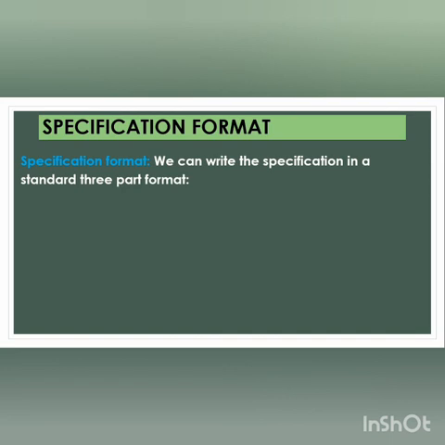Next one is specification format. We can write the specification in a standard 3-part format. Just now we have seen how to write the specification of an algorithm. It consists of 3 steps. The first step is to mention the name of the algorithm and the input variables.